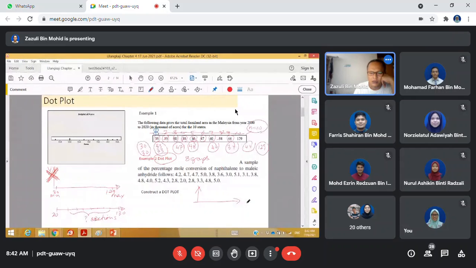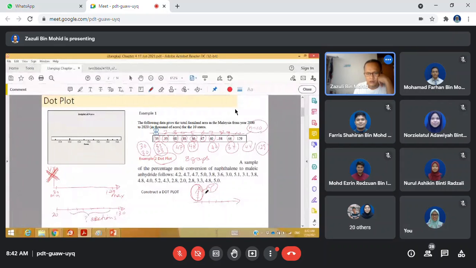Okay, this one, the value, and then you put a value here. So when you put a value or draw a y-axis, you are going to make a mistake, because you will get confused on how to draw the plot.